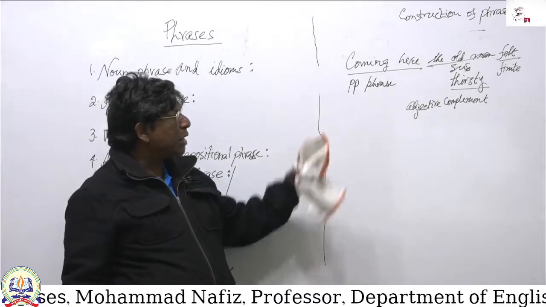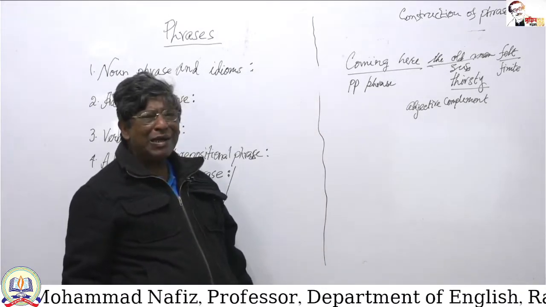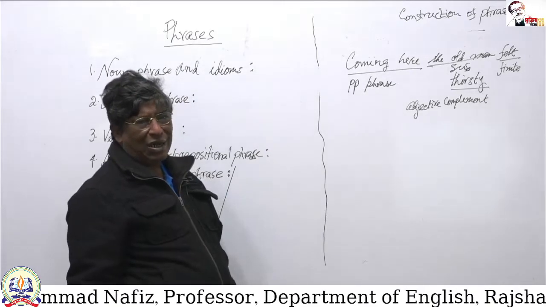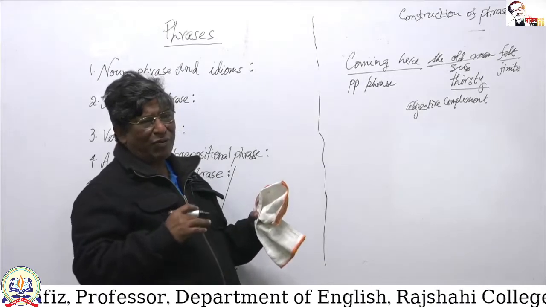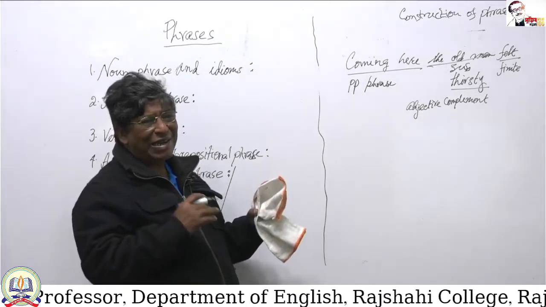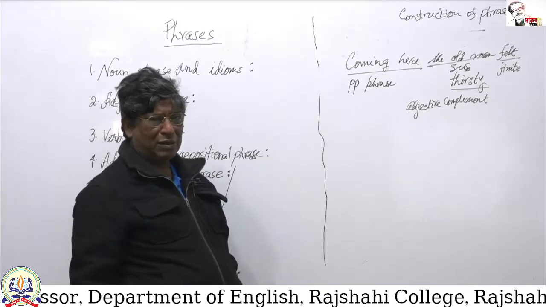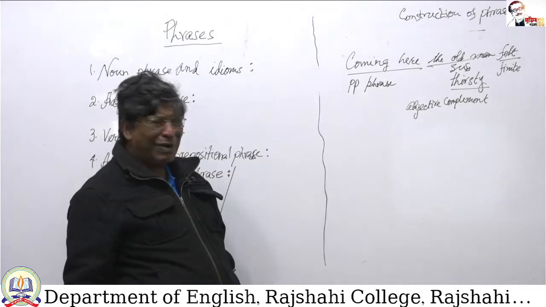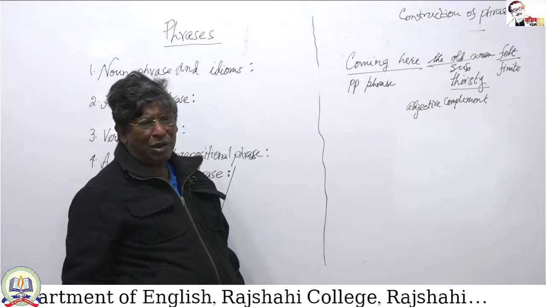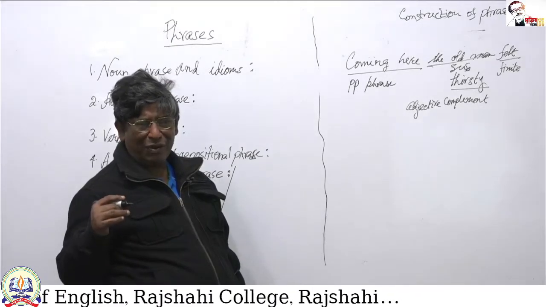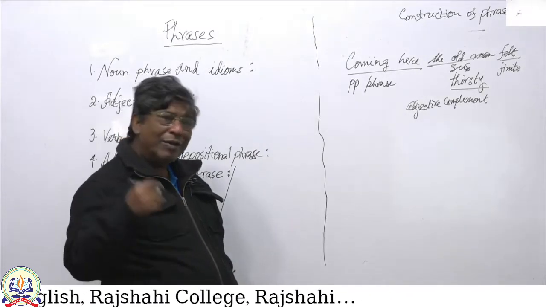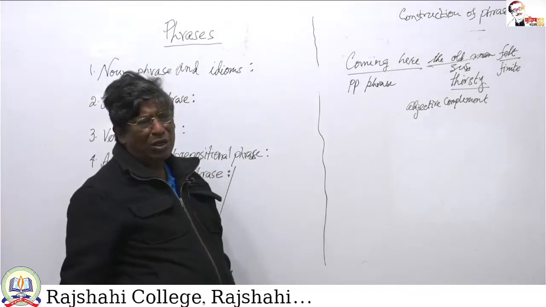In other words, the old man and thirsty are identical. When a noun or adjective following the finite verb is identical with the subject, it is called a complement. And when the subject and the noun following the finite verb is unidentical, the noun is called an object.